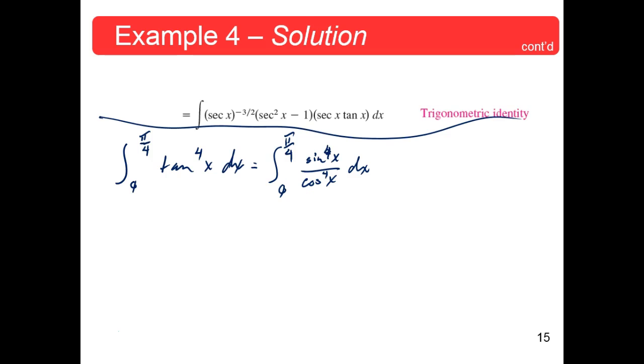What do we do with this? You change that to secant, 1 over cosine. That's certainly something you can do. That would be a sine fourth x times a secant fourth x. Is that where you were heading?